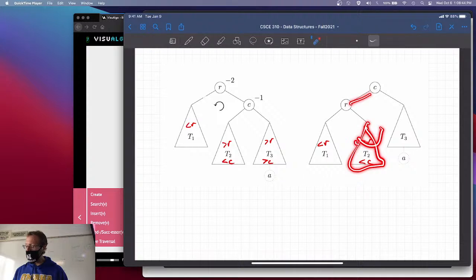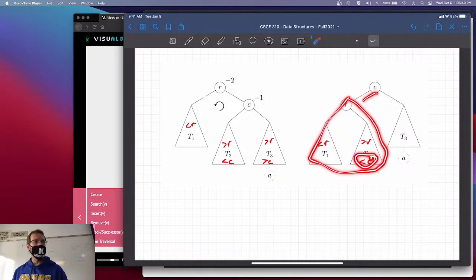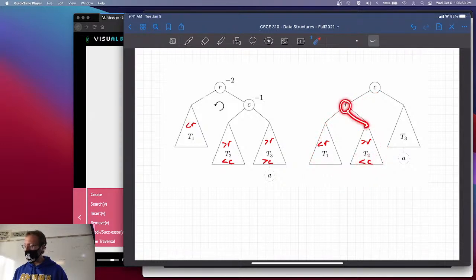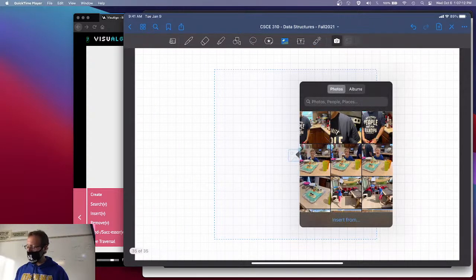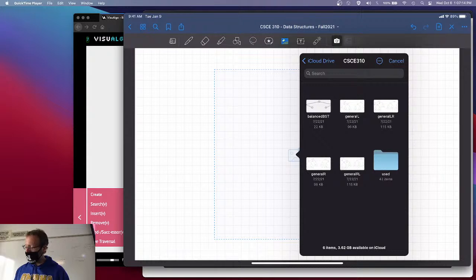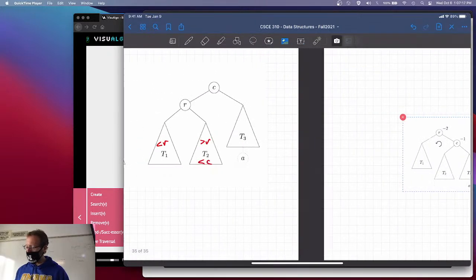T2 has swung over to become a descendant tree of C, so that preserves everything is less than C. It is the right child of R, preserving everything is greater than R. Likewise, T3 up here remains the right child of C, so you don't need to muck with this thing at all.